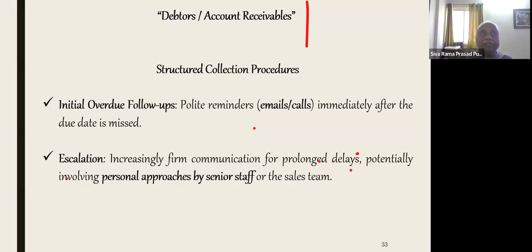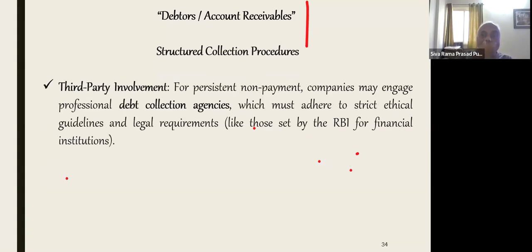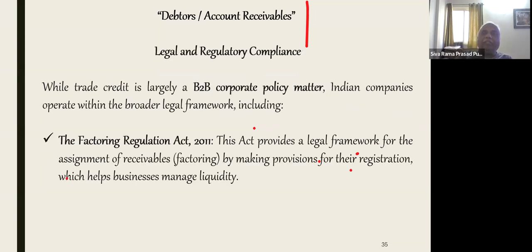Polite reminders, they will send emails or calls immediately after the due date is missed, and escalation, increasing the communication for prolonged delays, potentially involving personal approaches by the senior staff or the sales team. They have to recover, and a third party is engaged for non-payment: the company may engage professional debt collection agents, like in banks also, with strict guidelines. These are set by the RBI, not for companies but for banks.